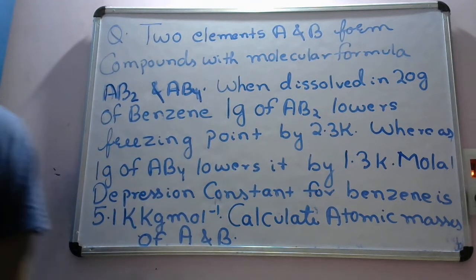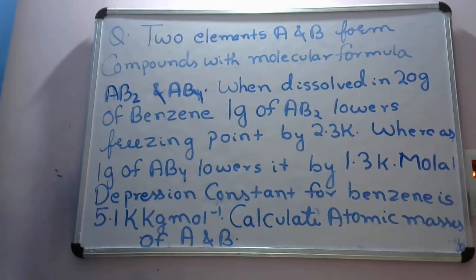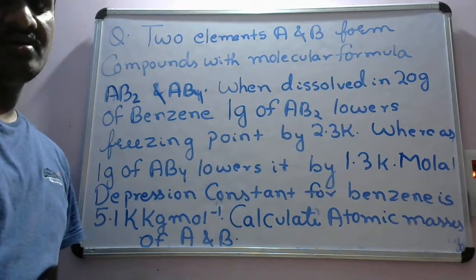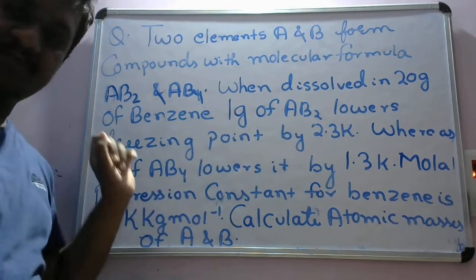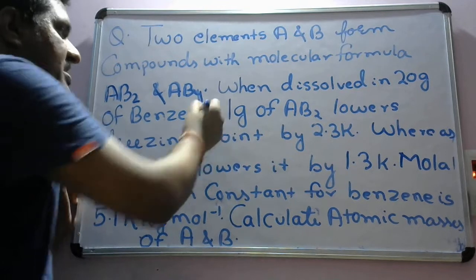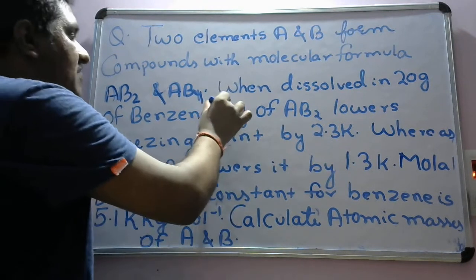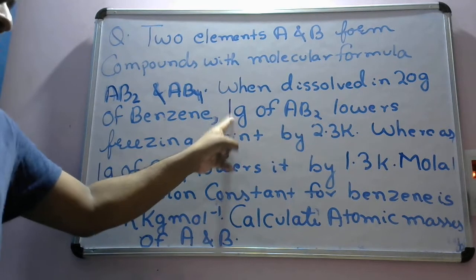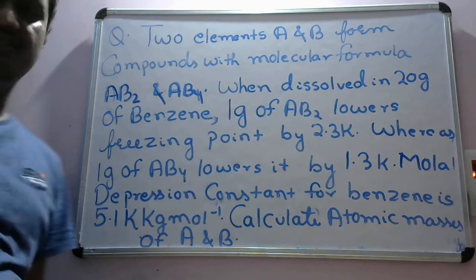Another quantity that is the same is the mass of solvent, 20 grams. AB2 is added to 20 grams of benzene, and AB4 is also added to 20 grams of benzene. So the mass of solvent is the same, the Kf value is the same, and the mass of solute is the same, 1 gram of AB2 and 1 gram of AB4.